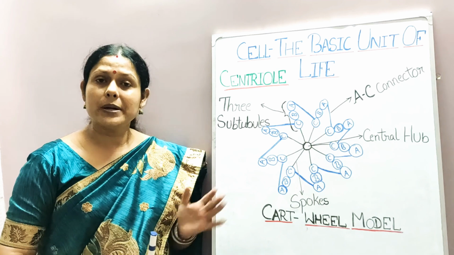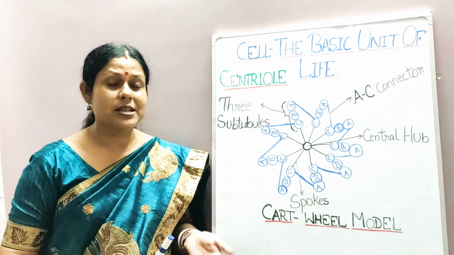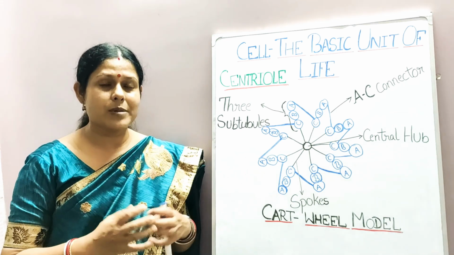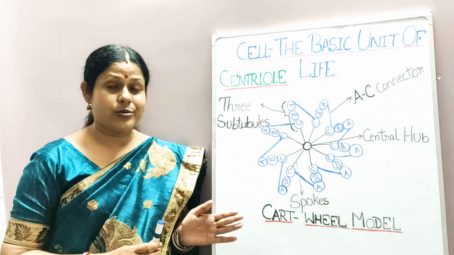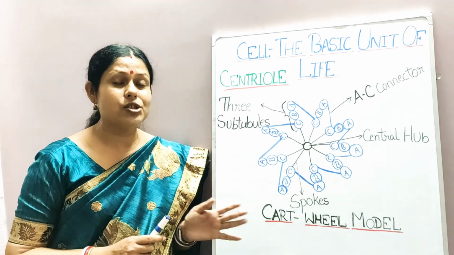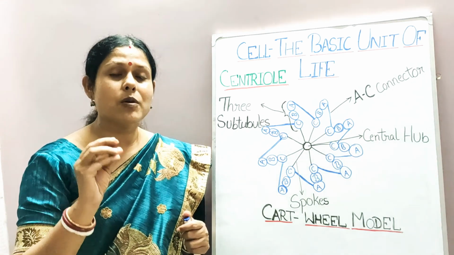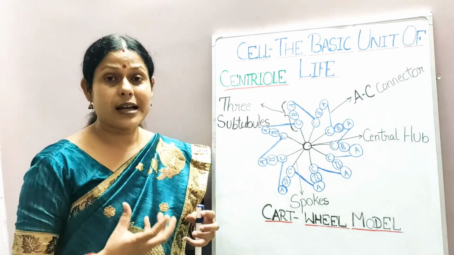Now the purpose of centriole, I have told you, is that it takes part during cell division in the splitting up of the sister chromatids to the 2 daughter cells. Also, I told you when I was teaching you about the ultrastructure of flagella or cilia that the basal body of the cilia or the flagella is made up of centriole-like structure.